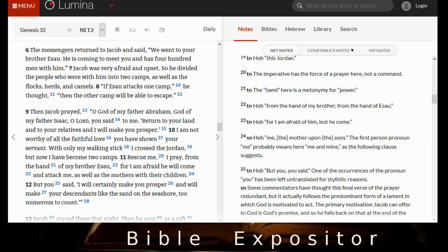So one servant will come with a bunch of animals and say this is a gift, and then the next one will come. He's hoping that by a string of gifts like that, it might help soften Esau up some more. In the meantime, he sends his family and possessions to another place so he would face his brother alone, so his family might have a chance to escape.